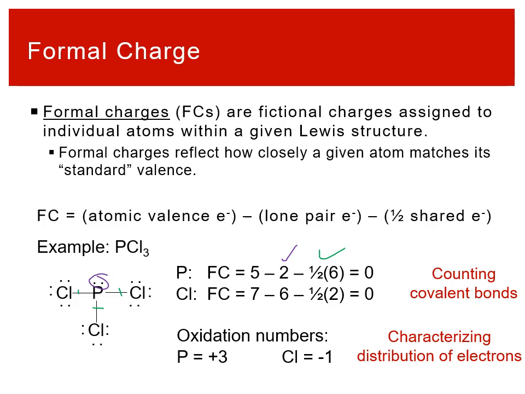We call it a charge because it can be either plus or minus, but really it comes down to a reflection of the bonding versus non-bonding distribution of your octet, or whatever number of electrons that atom has. Whereas oxidation numbers are more of, hey, what if this molecule was actually ionic? It's a different idea as to where those electrons are. So we don't want to get these two things confused, but they are kind of fake charges we just make up about atoms and molecules that are serving a purpose.